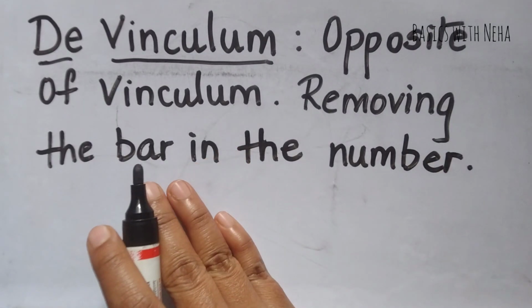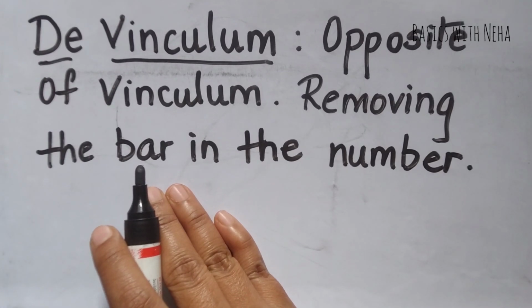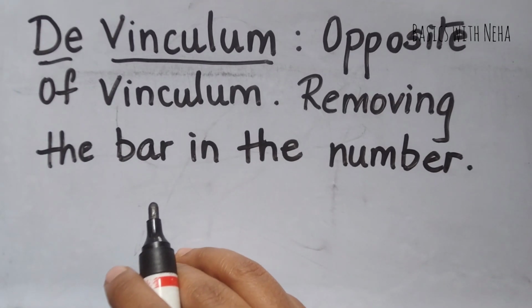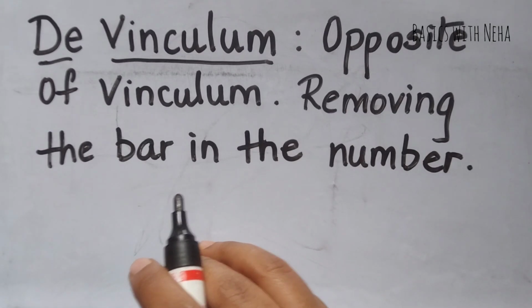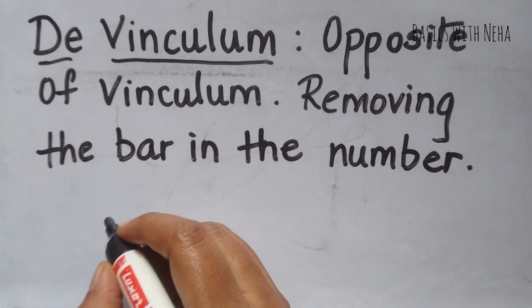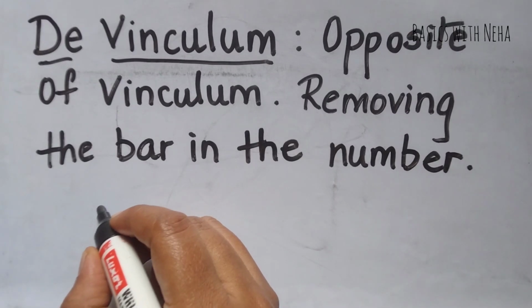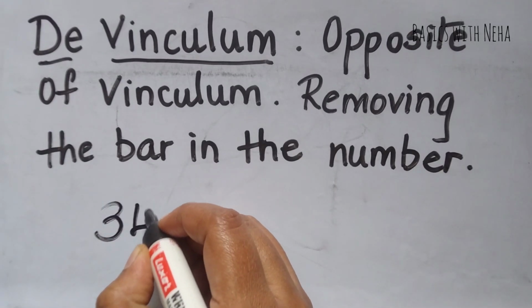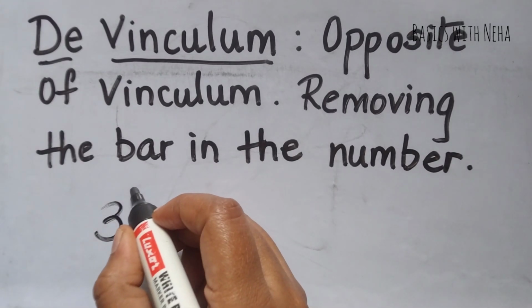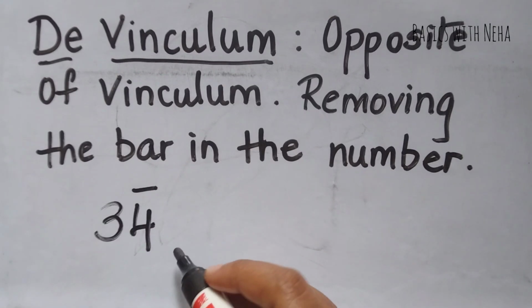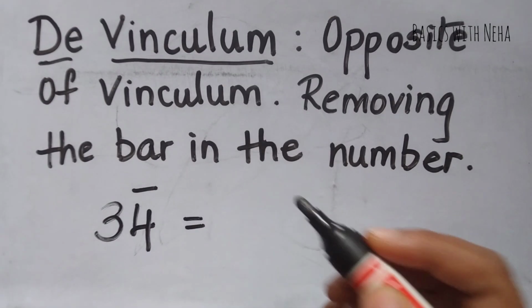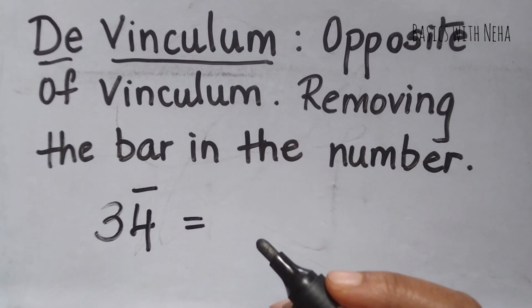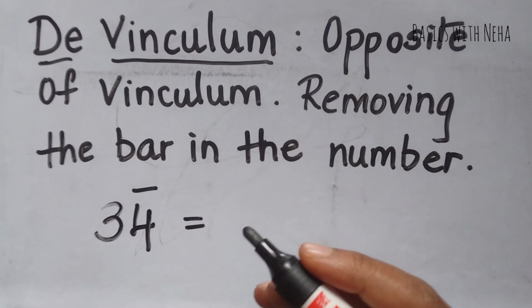The steps in de-vinculum are similar to those of vinculum. Let us try solving a few examples so that the de-vinculum topic will be very clear. For example, if I have a question like 3 4-bar, and I have to devinculate this number, something you have to remember is that D means you have to decrease.